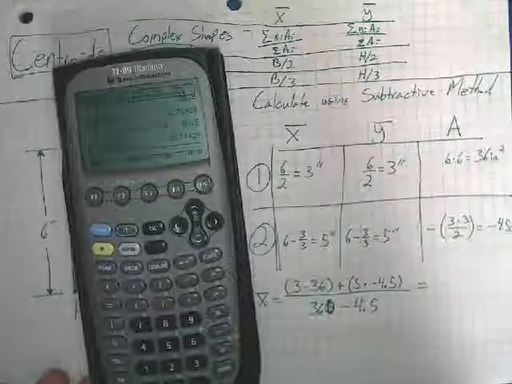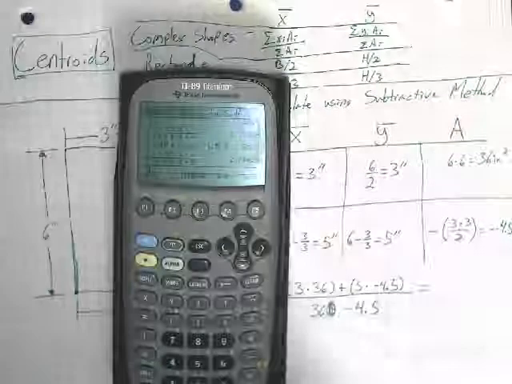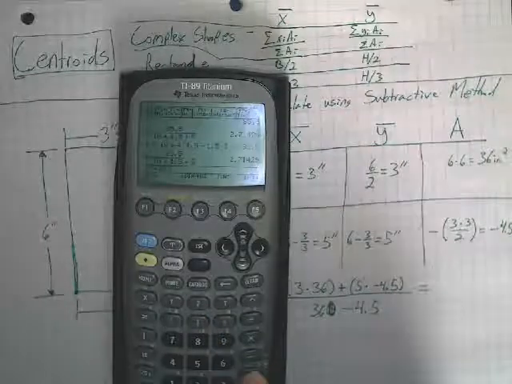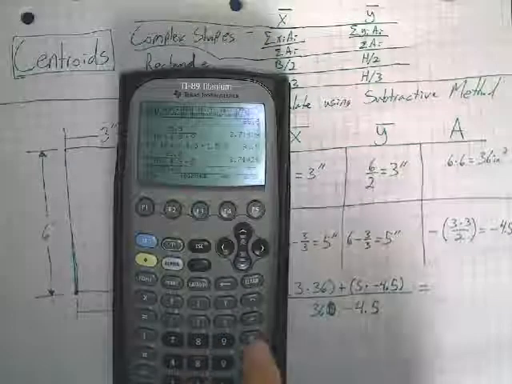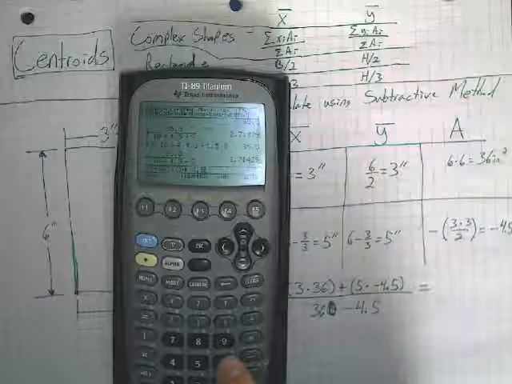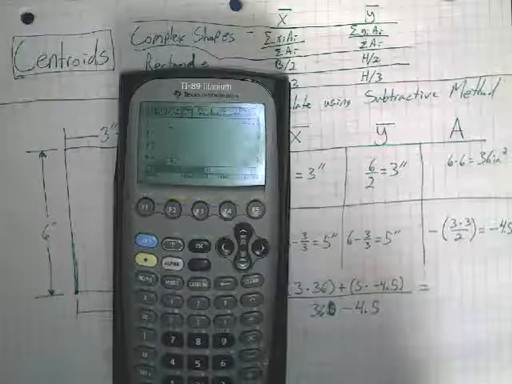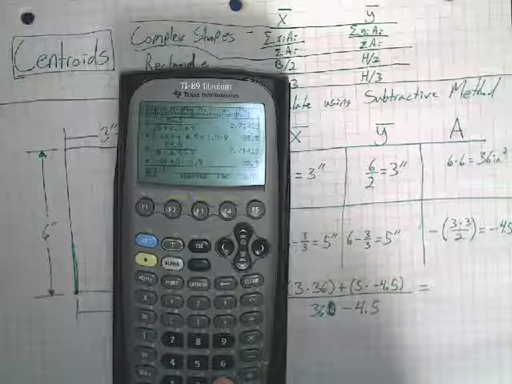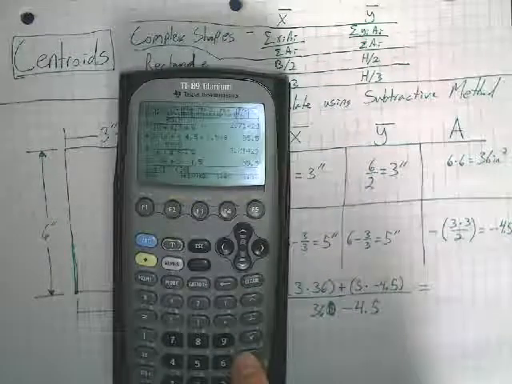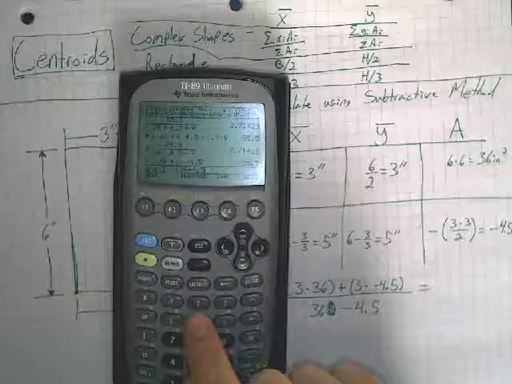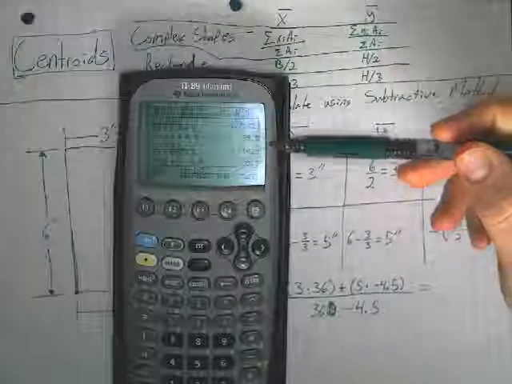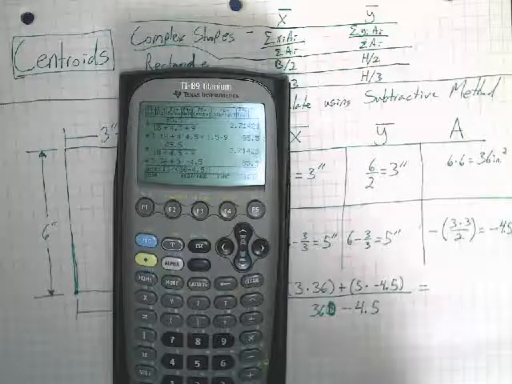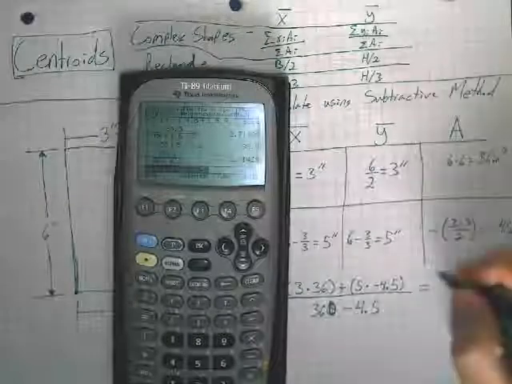So again, I'm going to do 3 times 36 plus 5 times negative 4.5, divided by 36 minus 4.5. And if you look, you can still see my old numbers up here. I've got that 85.5 showing up again, so that's a good start. I hit equals, boom, there it is.